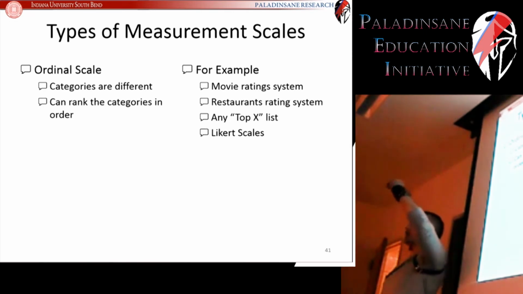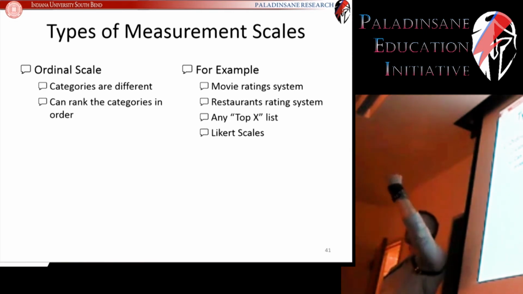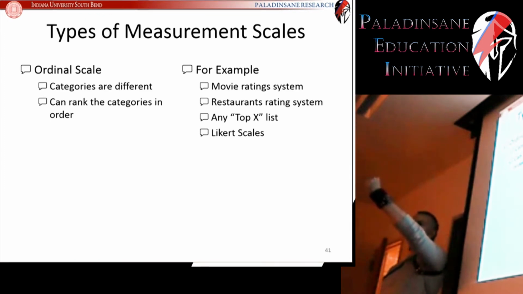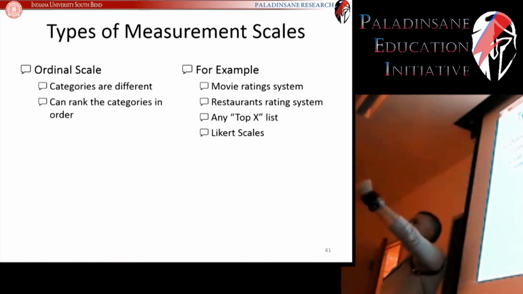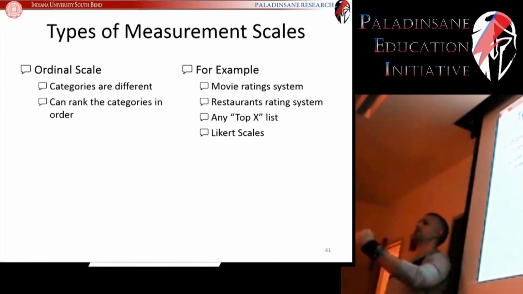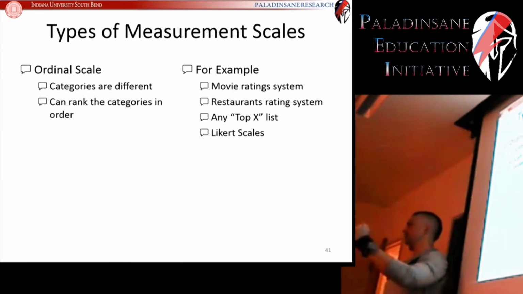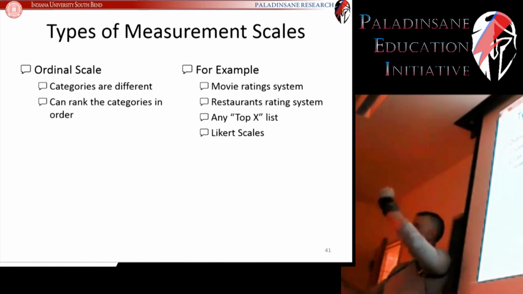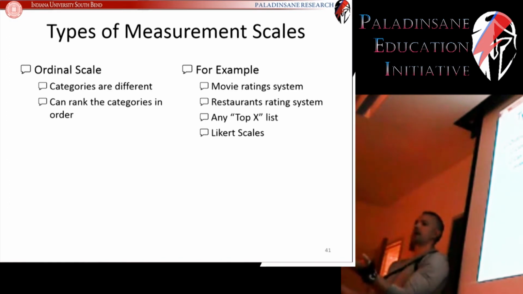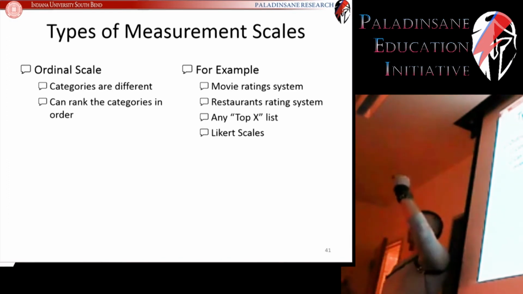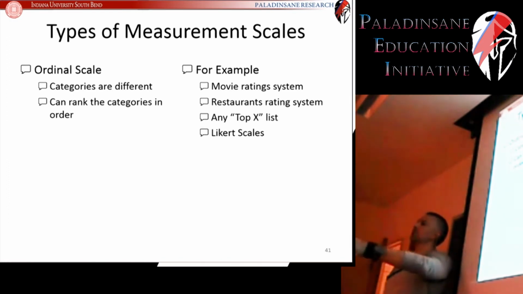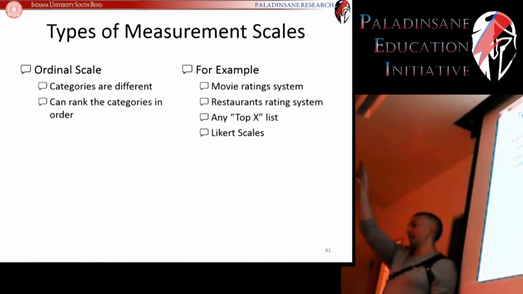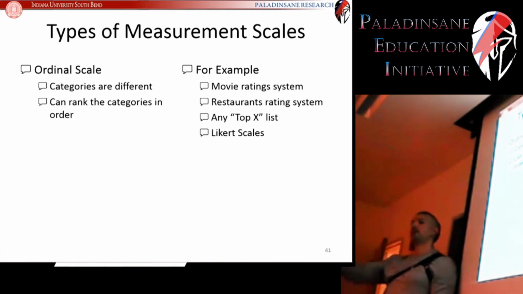For the first 5, how prompt was the response? 5 out of 5. How helpful was your customer associate? 5 out of 5, right? 5 out of 5 for the first 5 questions, 1 out of 5 for the last 5 questions. You take the average, it is going to be 3 out of 5 for the entire survey. That person had a much different experience than somebody who has 3 out of 5 all the way down.